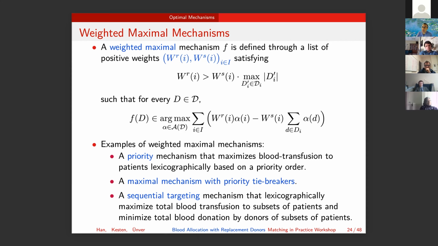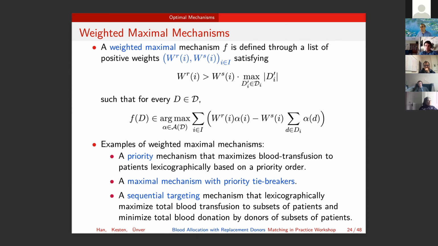So these are defined for one-for-one exchange. So this minus part loses its importance, because once you have one-for-one exchange, the minus part doesn't have to be there. This mechanism gives the highest weight to the first agent, substantially lower weight to the second agent, substantially lower weight to the third agent. So it creates a serial dictatorship kind of allocation. So that's what we call a priority mechanism.